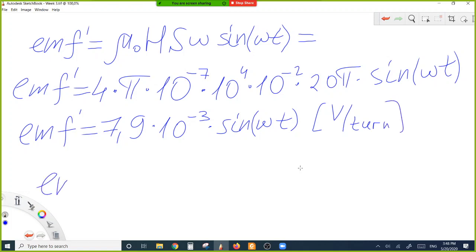And the total electric motive force will be the number of turns multiplied by the electric motive force per one turn.